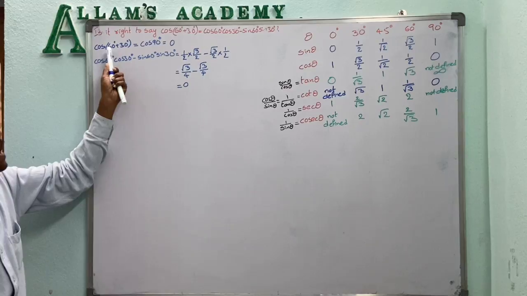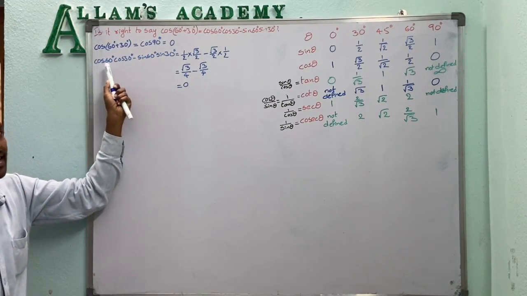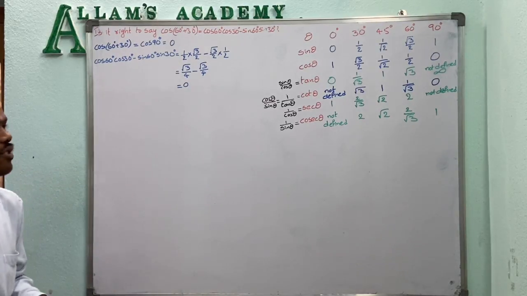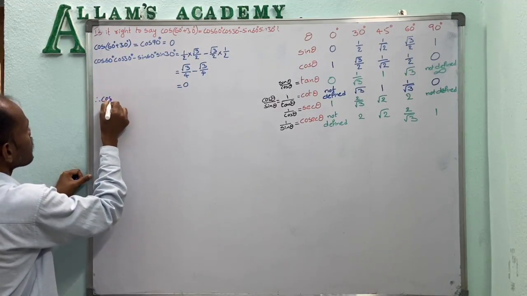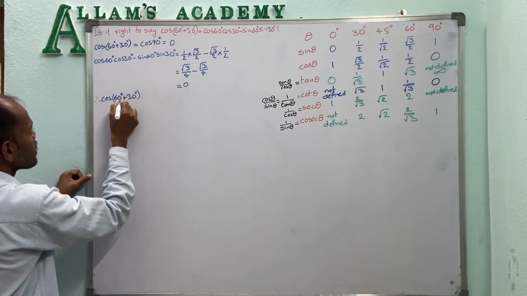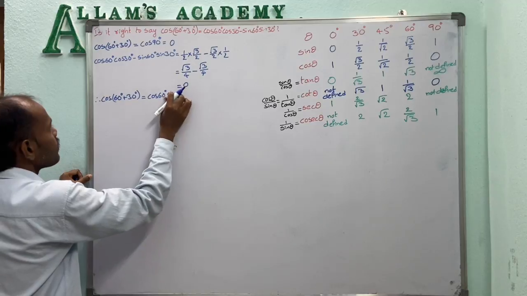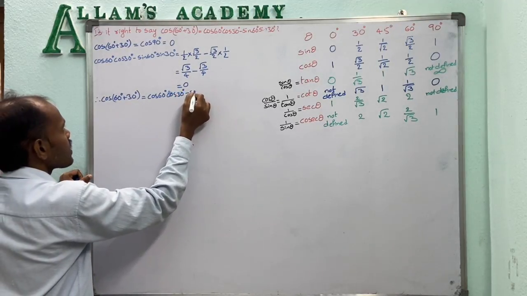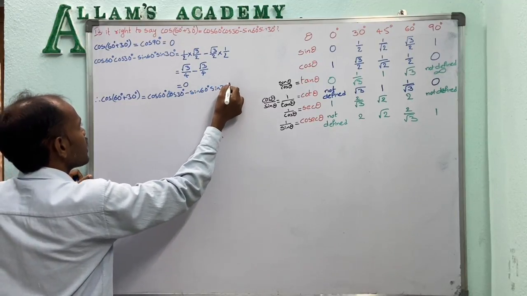So here cos of 60 plus 30 degrees equals 0 came. Cos 60 degrees cos 30 degrees minus sin 60 degrees sin 30 degrees is also 0. So here we can say both answers are equal. Cos 60 degrees plus 30 degrees equals cos 60 degrees cos 30 degrees minus sin 60 degrees sin 30 degrees.